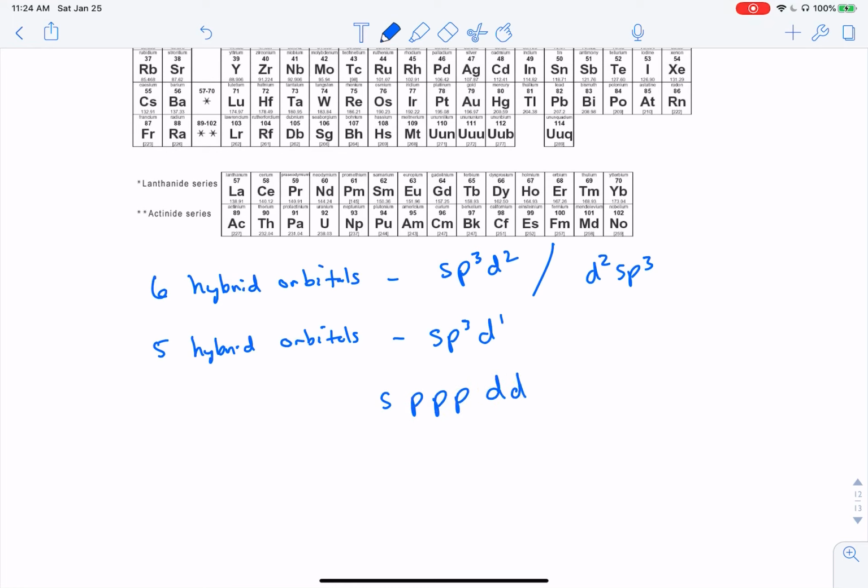And then whatever number of hybrid orbitals I need, I count from left to right. So if I need 4 hybrid orbitals, then that's sp3. If I need 5 hybrid orbitals, it's sp3d1. If I need 6, then it's sp3d2, and that's the maximum that it can go. So you just count from left to right until you get all the ones you need.